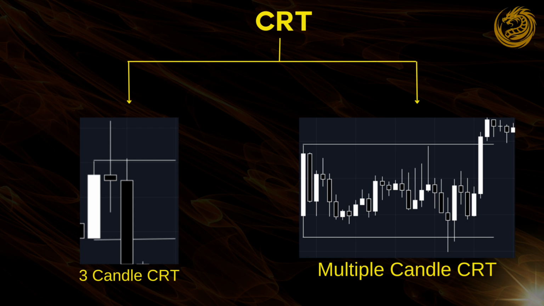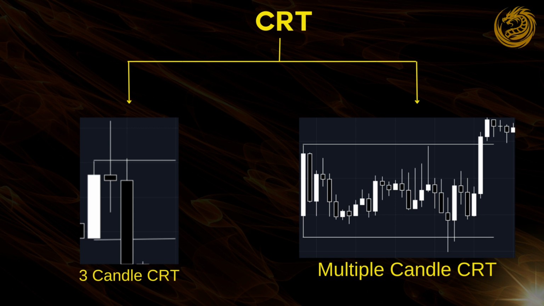Now there are two types of CRT. The first one is 3 candle CRT and the second one is multiple candle CRT. And I can definitely say that the multiple candle CRT is very high probability compared to the 3 candle CRT. The reason is very simple. The market only gathers in a range just to accumulate the buy and sell stops and just to accumulate more and more liquidity.